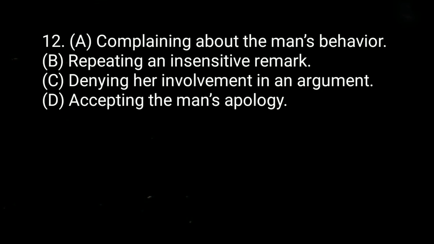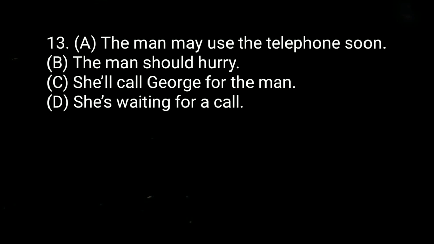Number 12. Listen, Eleanor, I shouldn't have said what I said yesterday. It just didn't come out right. Well, I shouldn't have let it get to me. What is the woman doing? Number 13. Are you just about finished? I need to get a hold of George before we leave.